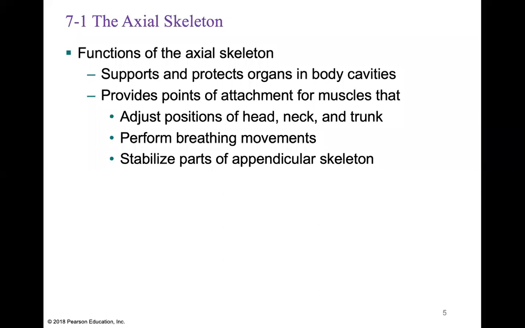Muscles that will allow you to breathe by actually changing the pressure within the thoracic cavity by changing the volume, and also help to stabilize the attachment points for the appendicular skeleton.